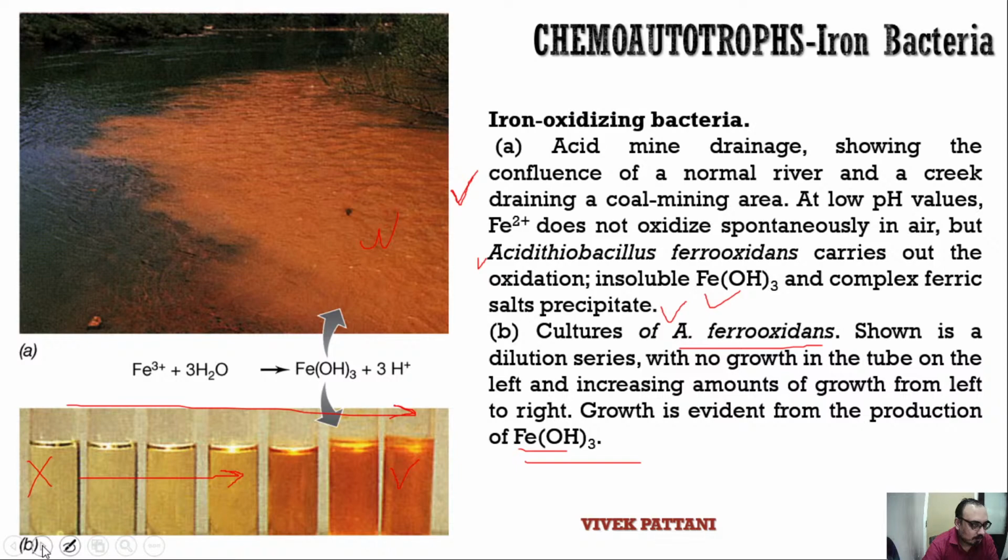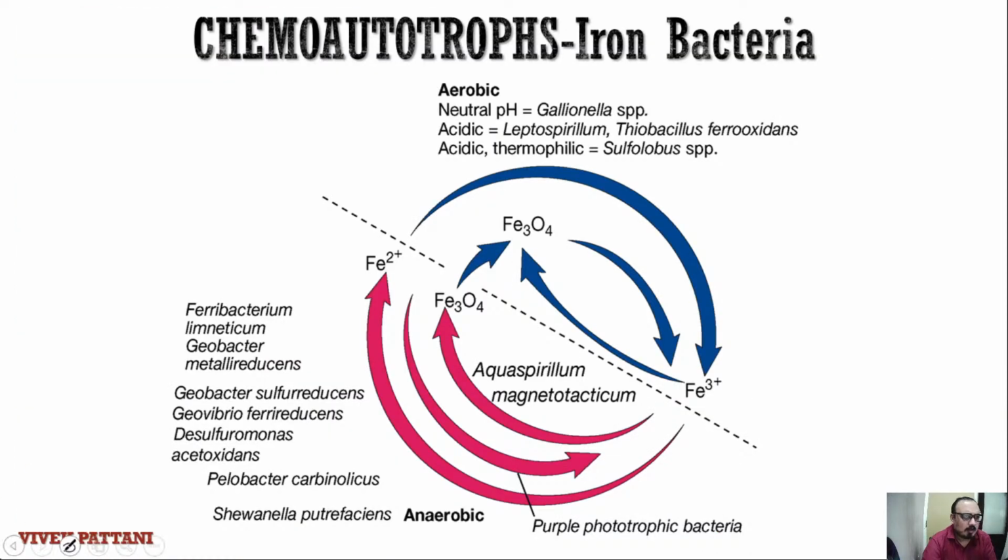Now moving forward, this is just an iron cycle, an easy one, simply if you want to remember. Under aerobic conditions and under anaerobic conditions, these are the bacteria which are involved in iron respiration. In the aerobic case, Fe2+ will be converted into Fe3+, and Fe3O4 will be converted further into Fe3+.